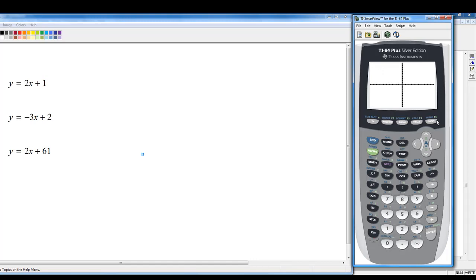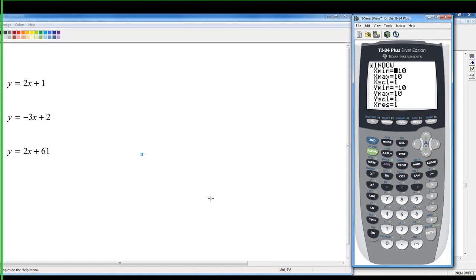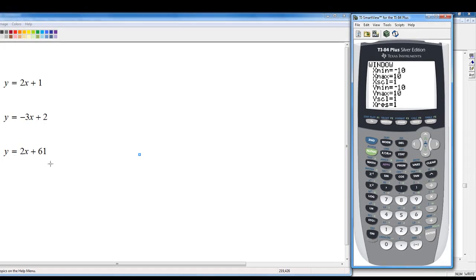I don't see anything, and no wonder, because look at the window that we are looking from. Our window is not good enough to fit the view of the numbers on this line. Here you can see if x is 0, y is 61. What's my y max here? 10, right?